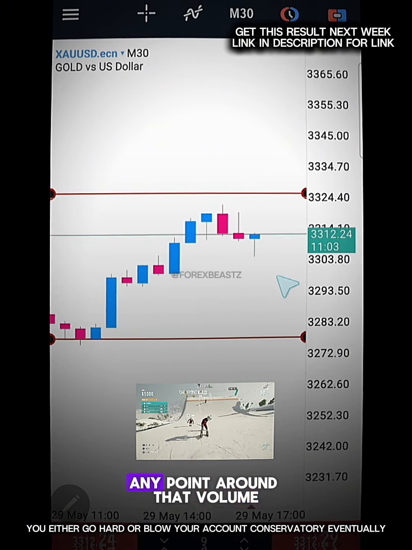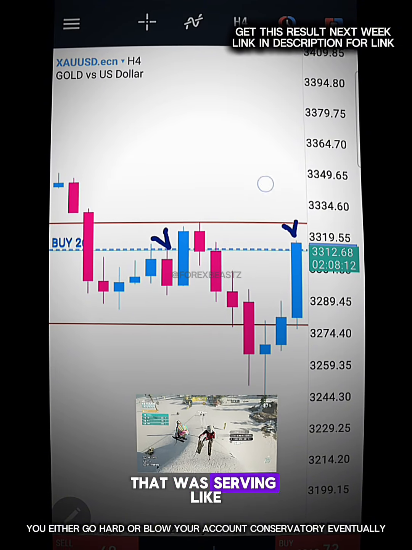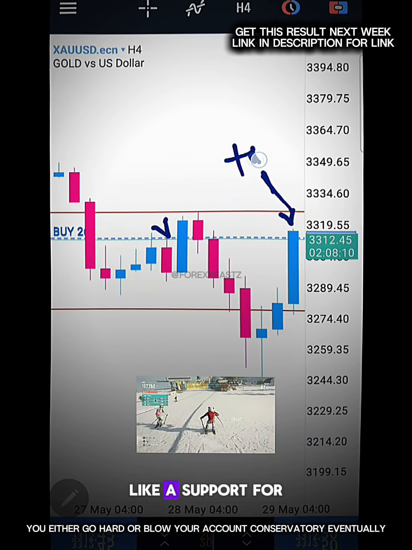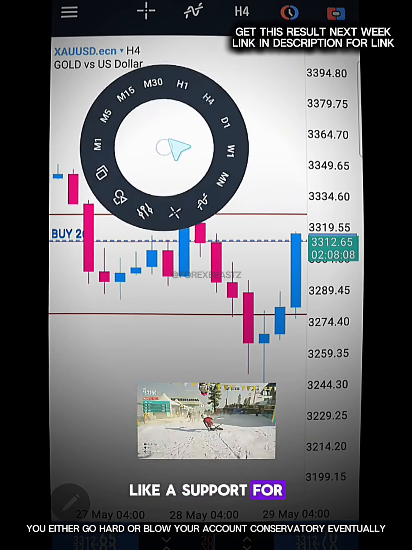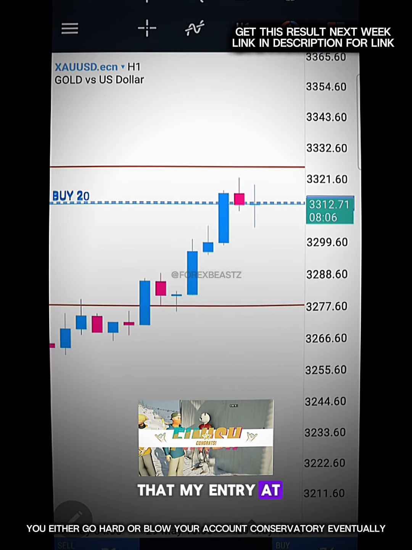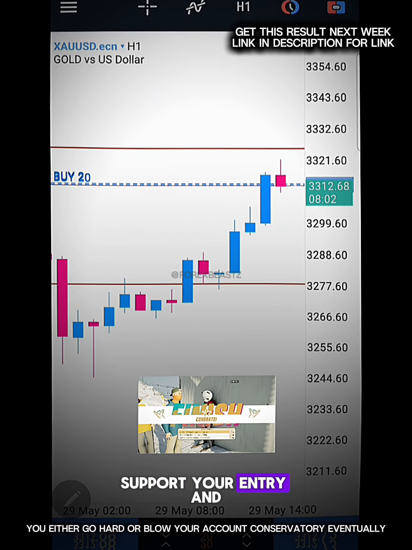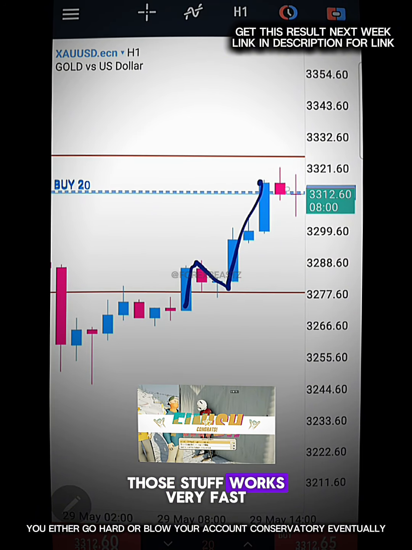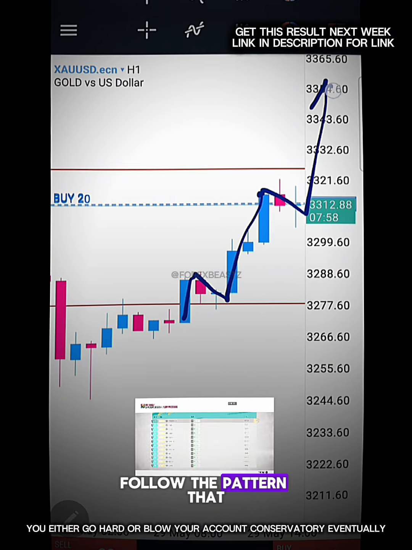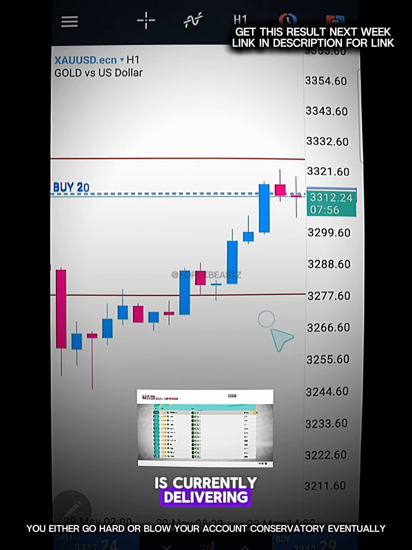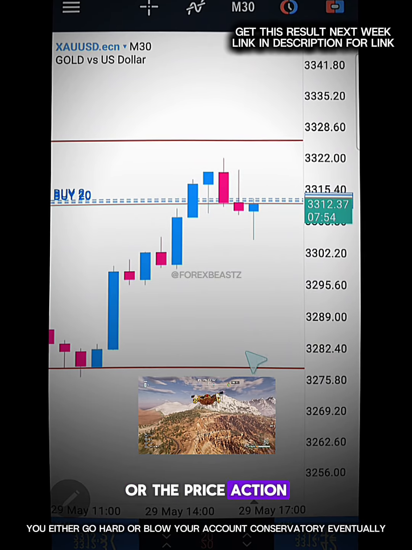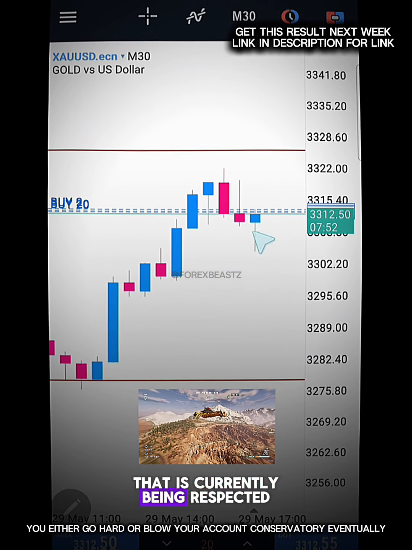So basically, I was entering at the tip of that candle there. That was serving as a support for my entry. You can use the tip of candles to support your entry, and those work very fast. Also follow the pattern that is currently delivering, or the price action that is currently being respected.